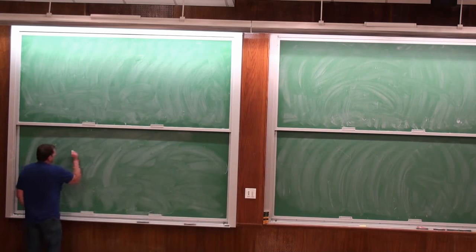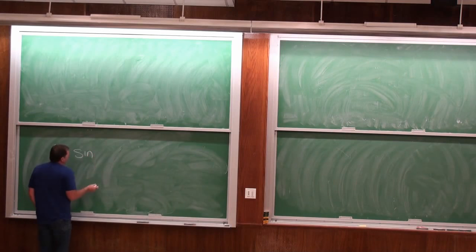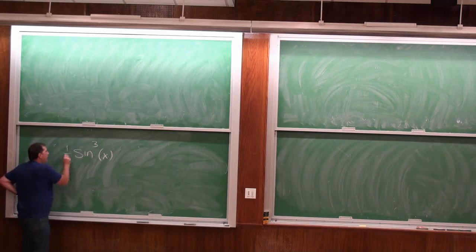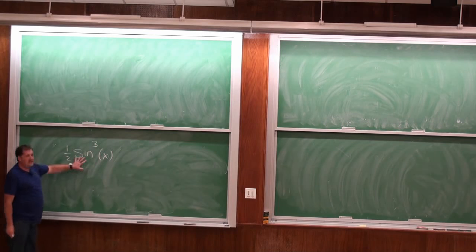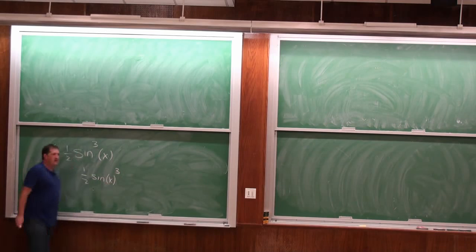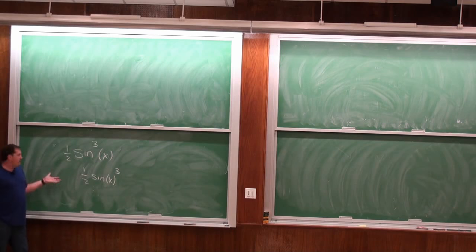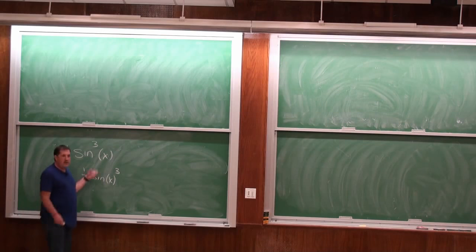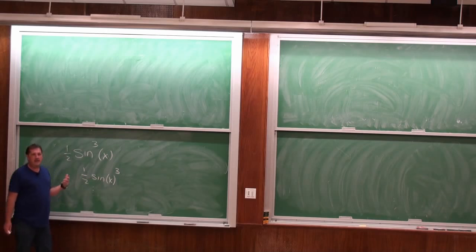But if the correct answer is something like 1/2 sine cubed of x, it takes an answer written this way, and it does not take an answer written this way for some reason. I complained to WebAssign about it. They're going to fix it, but it's already out there. So if you got burnt by this and lost points, click on the Ask Your Teacher link and get it fixed.